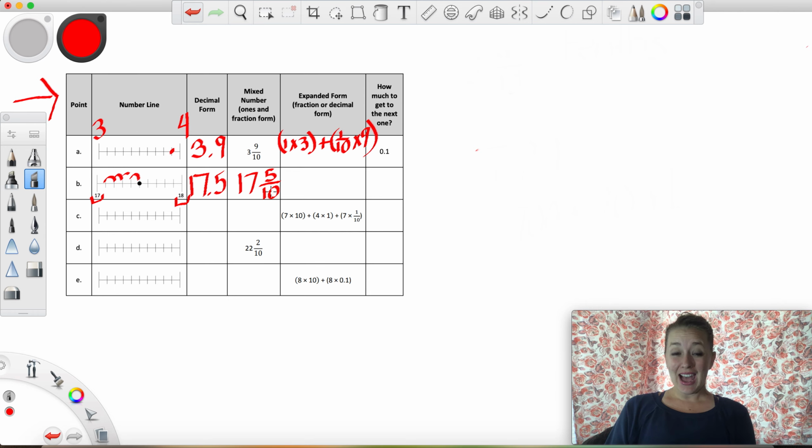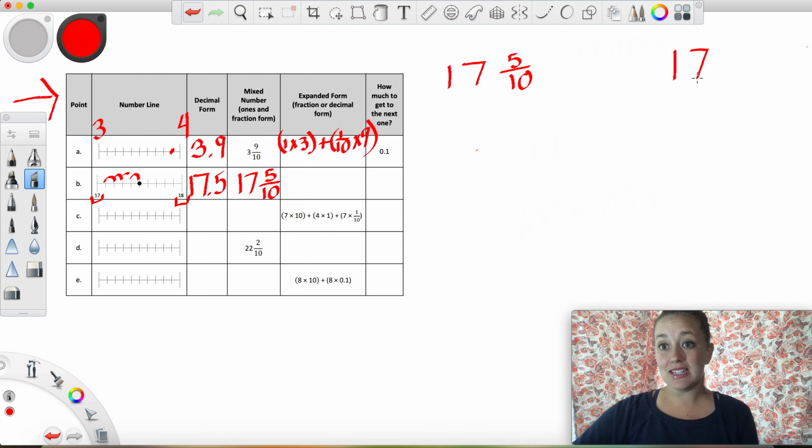Okay, so now when we write it in expanded form, that one's a little bit more tricky. Because if I look at 17 and 5/10, I think about the number chips that I would need to use, and I look at my place values.